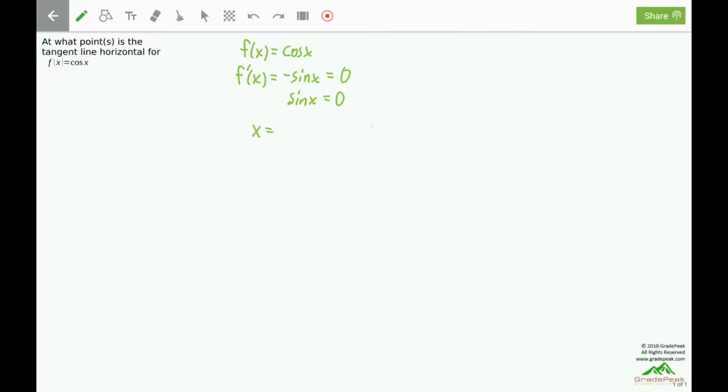One of those locations is going to be 0, but it also happens at pi, and 2 pi, and 3 pi, and so on and so on. But it also happens on the negative side as well. Negative pi, negative 2 pi, negative 3 pi, and so on that way.